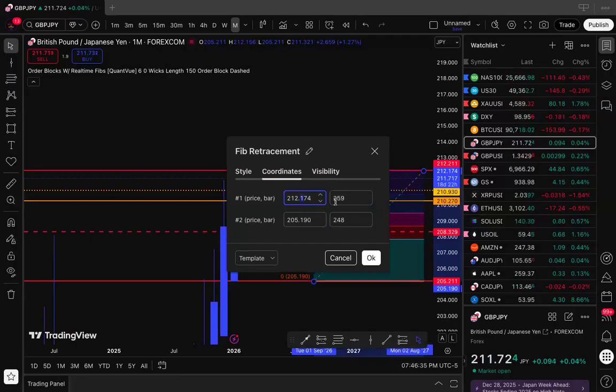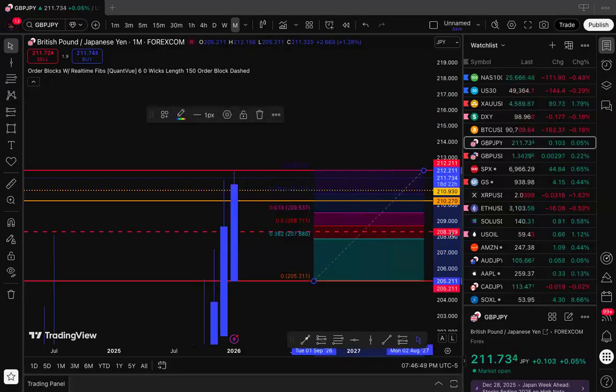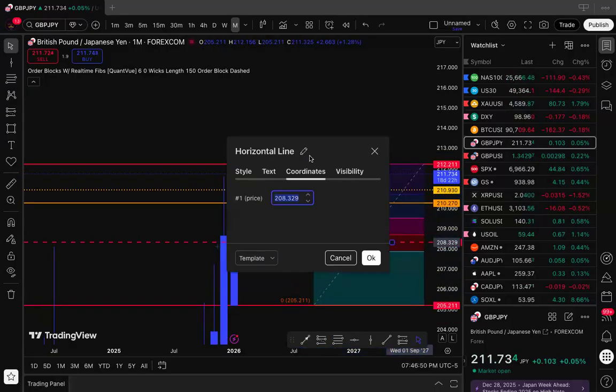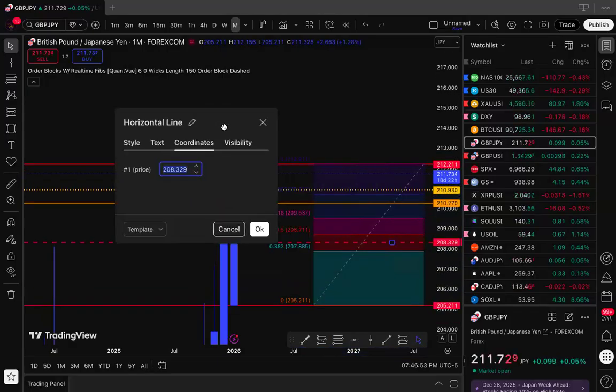So we got the high 212, 211. Monthly low 205, 211. Giving a mid-month level of support 208.711.